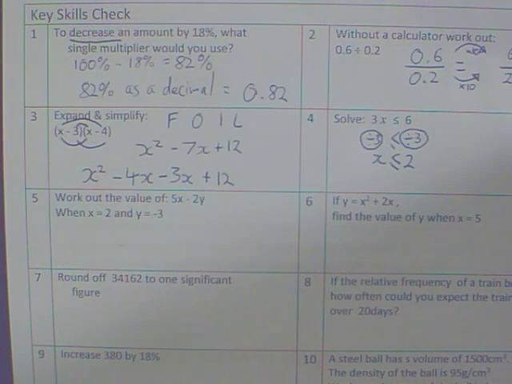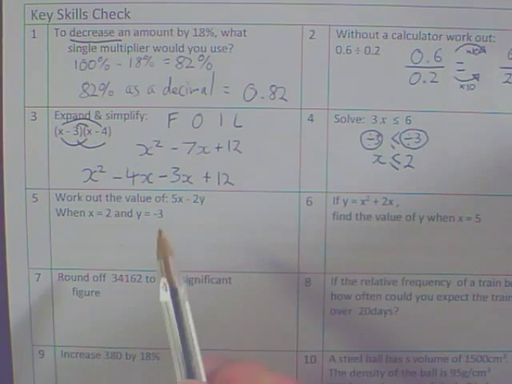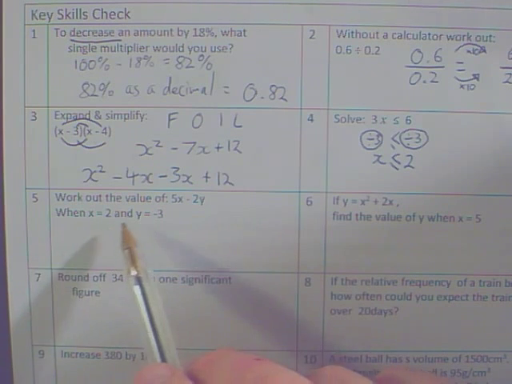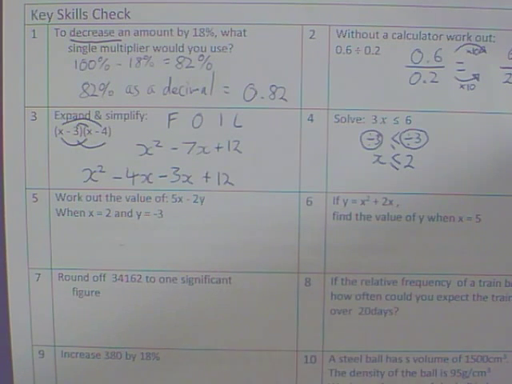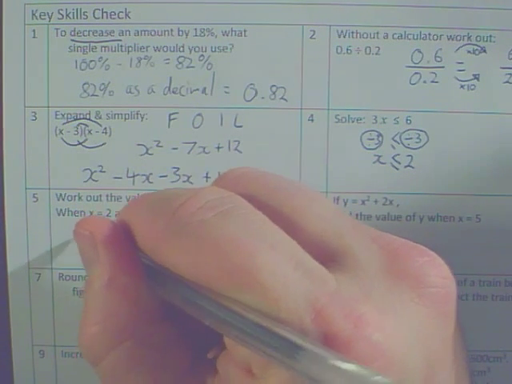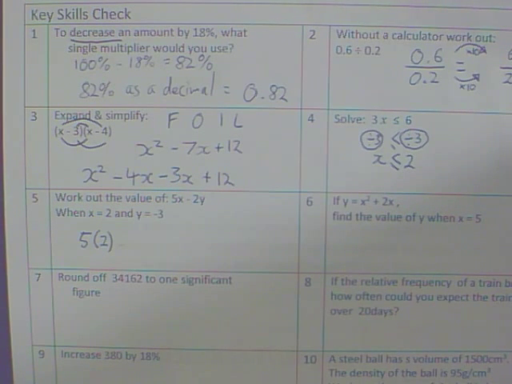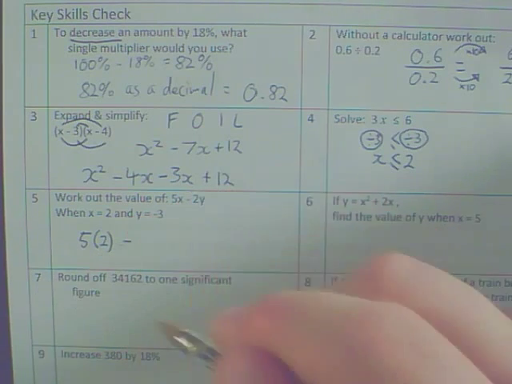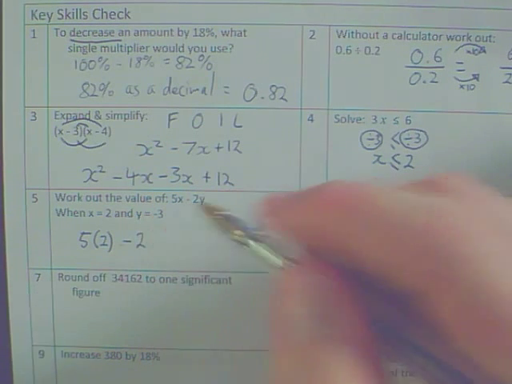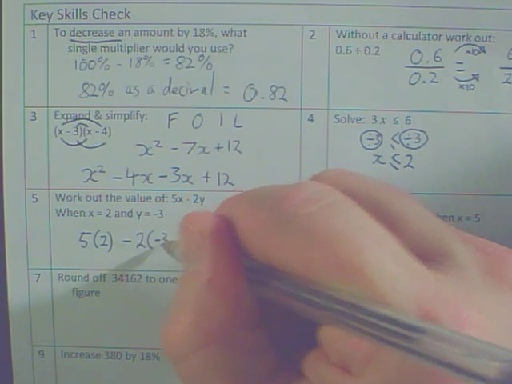Question 5. Work out the value of 5x minus 2y when x equals 2 and y equals minus 3. All I'm going to do is substitute this in: 5 times 2 minus 2 times minus 3.